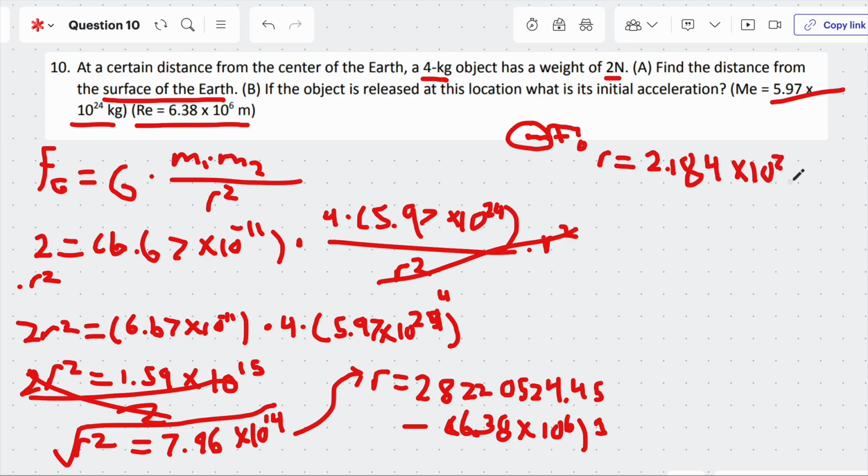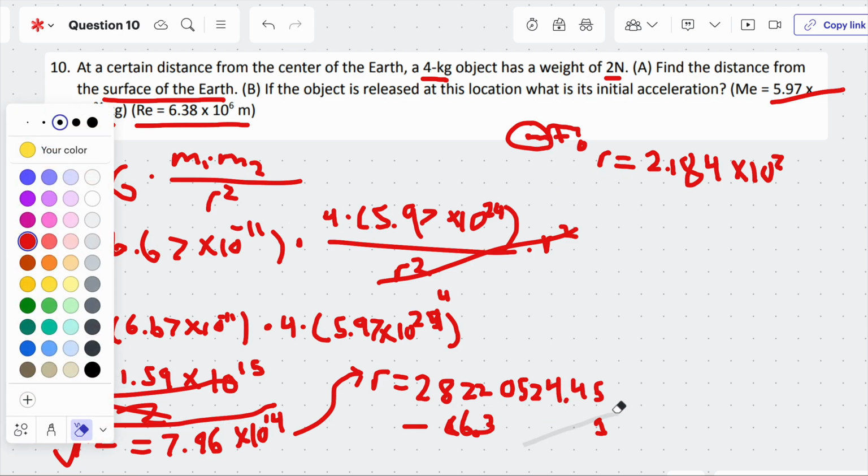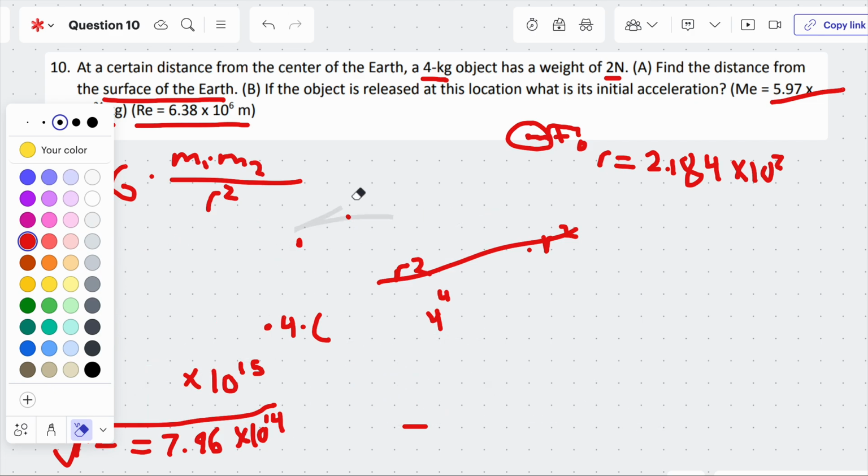Let me just double check that that's right. 2.184 times 10 to the 7th. Yeah, okay. We are all good there. Awesome. So that is its distance from the center of the Earth. Awesome. Gonna erase all this, get some more room to work.